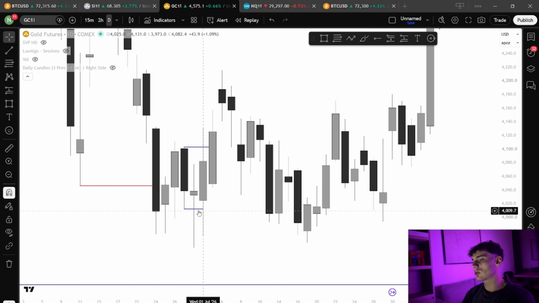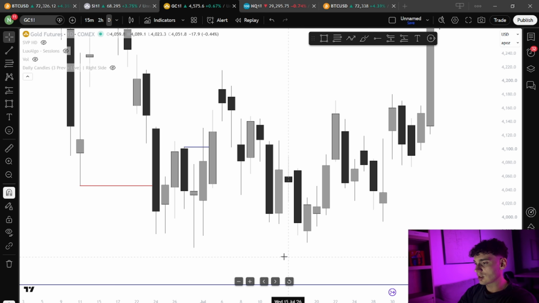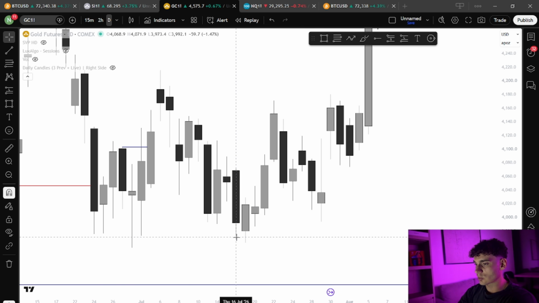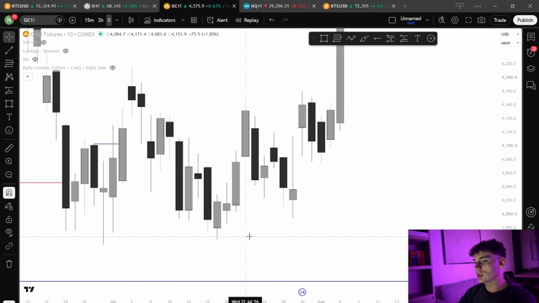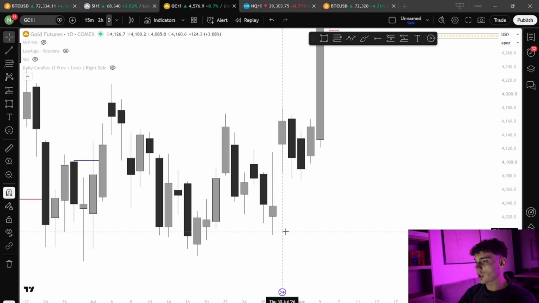The same goes for monthly and weekly, and you will see these things a lot. For example, here as well, we swept the previous day low and pushed. So it's not a coincidence. You can obviously see that the market is targeting those levels, like here as well, swept a low, some lows here as well. The market is targeting these areas because there are a lot of stop losses and limit orders in these areas. So I hope that you gained some knowledge here.